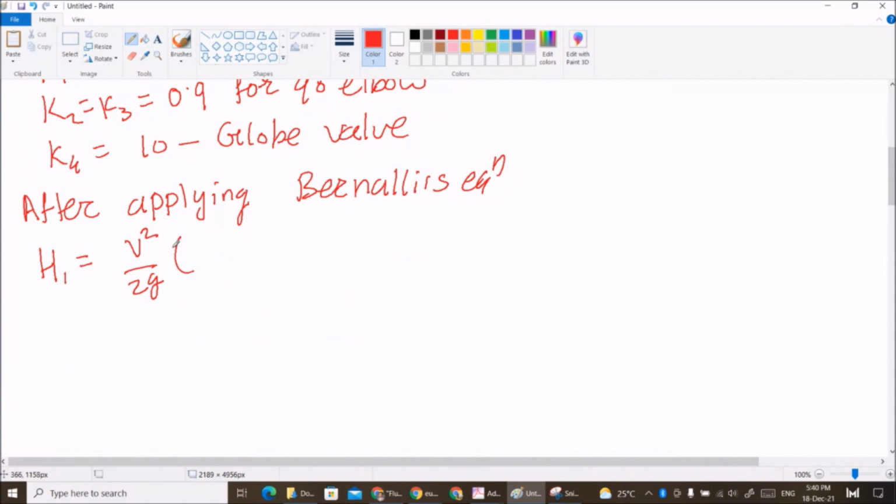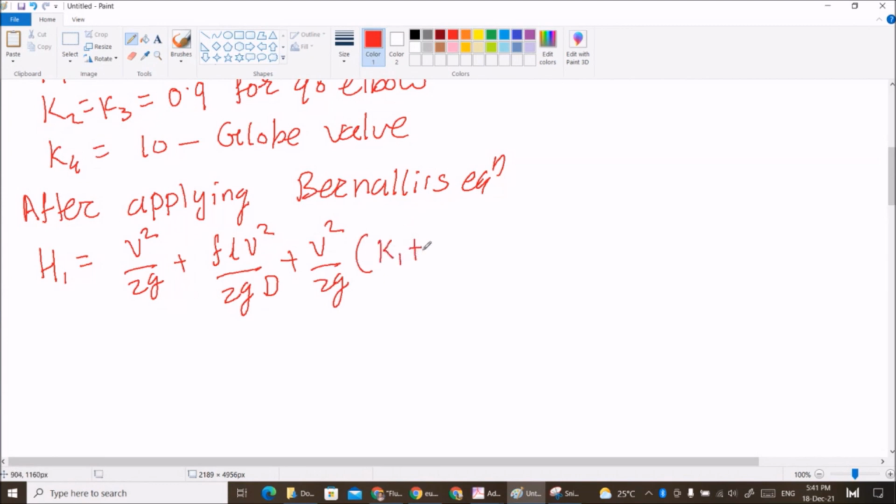So this is the kinetic energy, the velocity head available at point number 1, plus the head loss due to the Darcy friction factor, f L V square by 2g D, plus the head loss due to the entrance, elbows and globe valve.